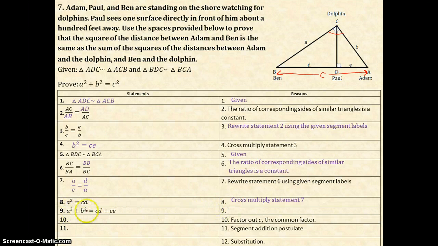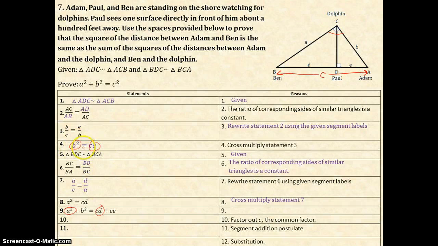Alright, now look at statement 9. a squared plus b squared equals cd plus ce. Now where could that possibly come from? Well, if I look right up here, I got a squared equals cd, and that's like this part. And then what's left? I got b squared equals ce, which looks like it came from here.